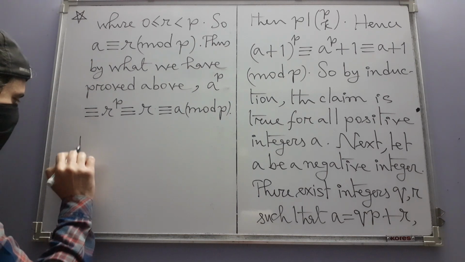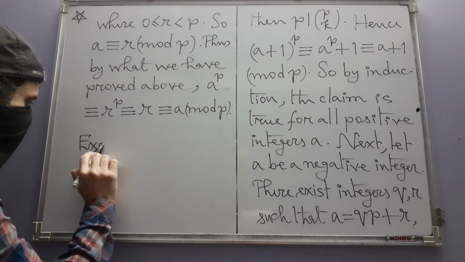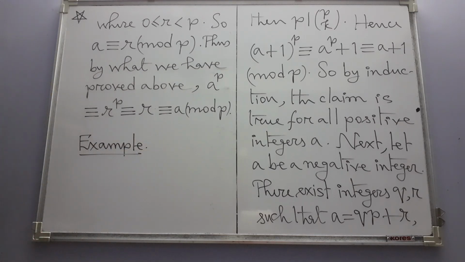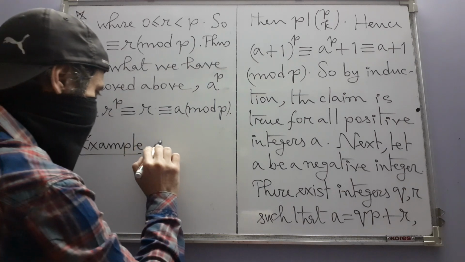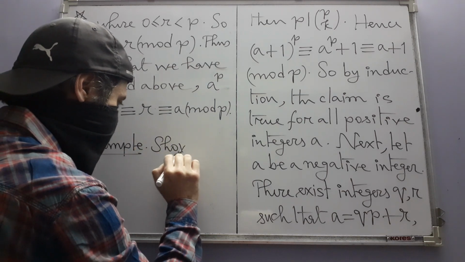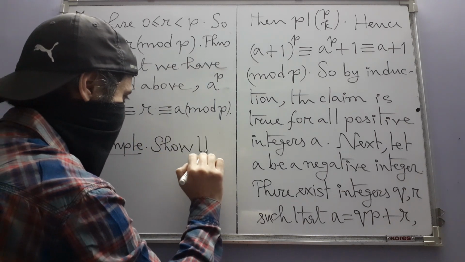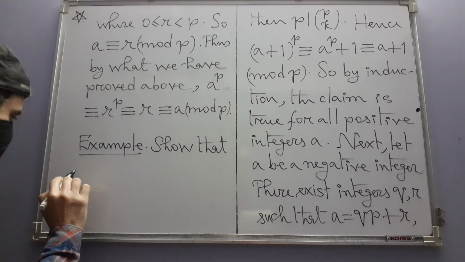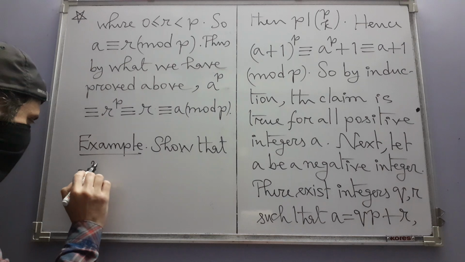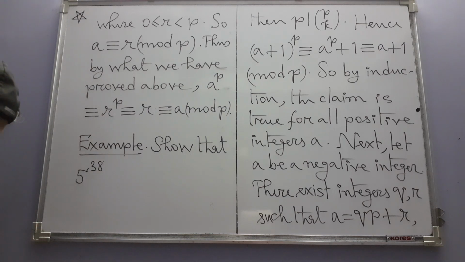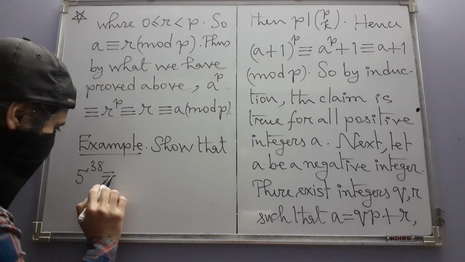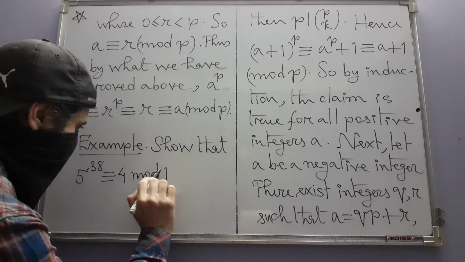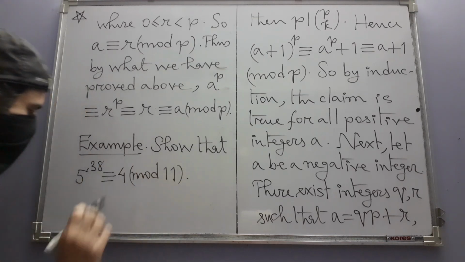Although it's not an example in the text, still let me just write an example. Show that 5 to the power 38 is congruent to 4 modulo 11.